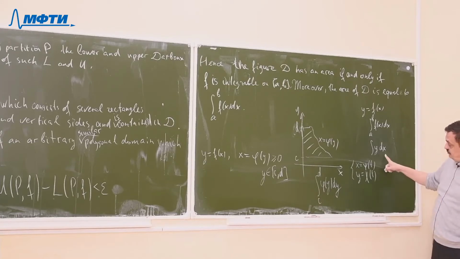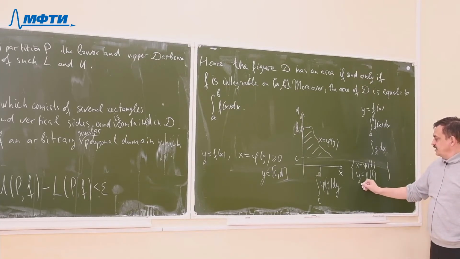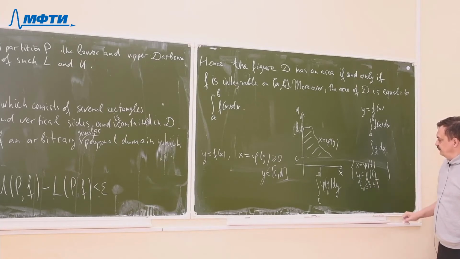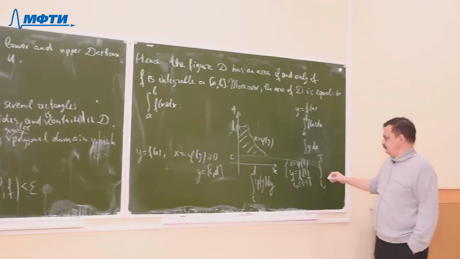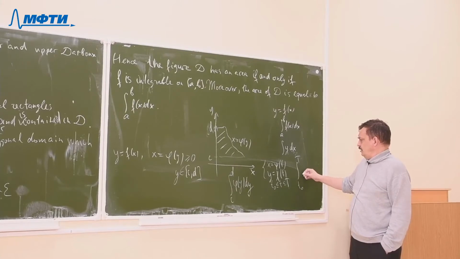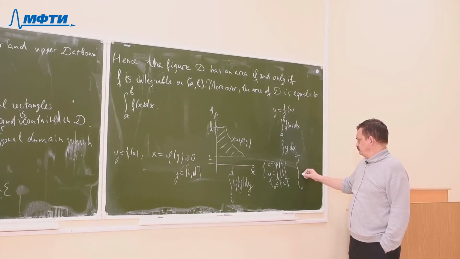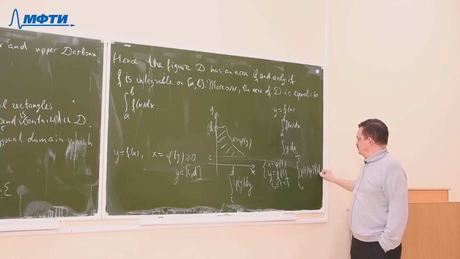Just substitute y and x, and if t varies from t naught up to capital T, then we have the integral from t naught to T of phi of t psi prime of t dt.